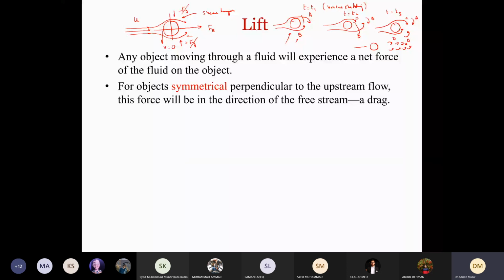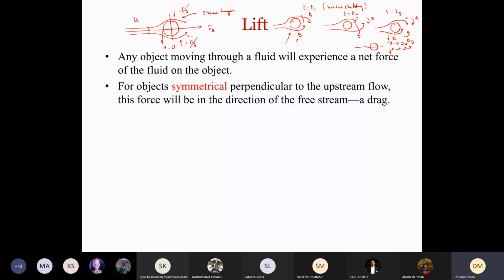Now, if you look at these vortices, because the flow is symmetric, the body is symmetric, the strength of the vortex that is shed from the top and the strength of the vortex that is shed from the bottom will be the same, but their timing will be different.